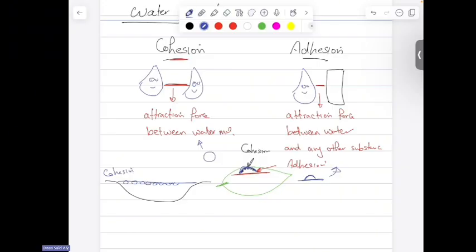Because of this cohesion, the water surface acts like a thin membrane. يعني this water surface is like a membrane. This membrane allows the insects to land on it. The formation of this membrane is called surface tension.